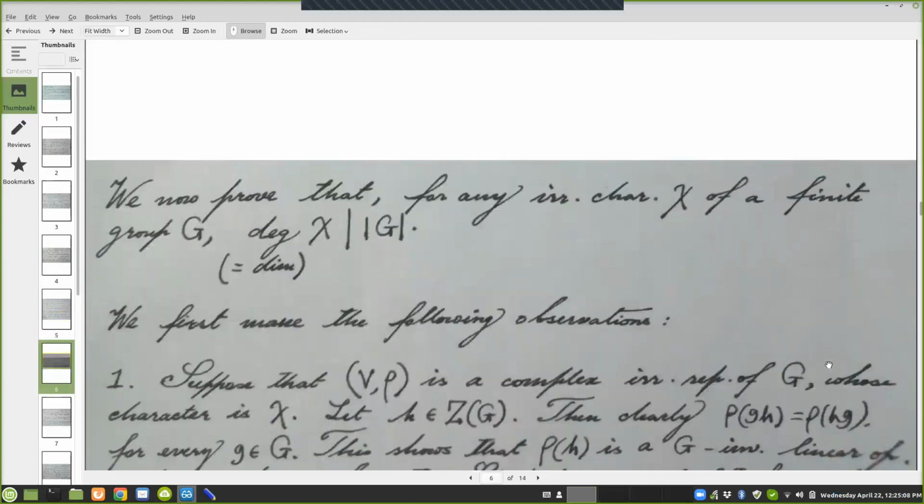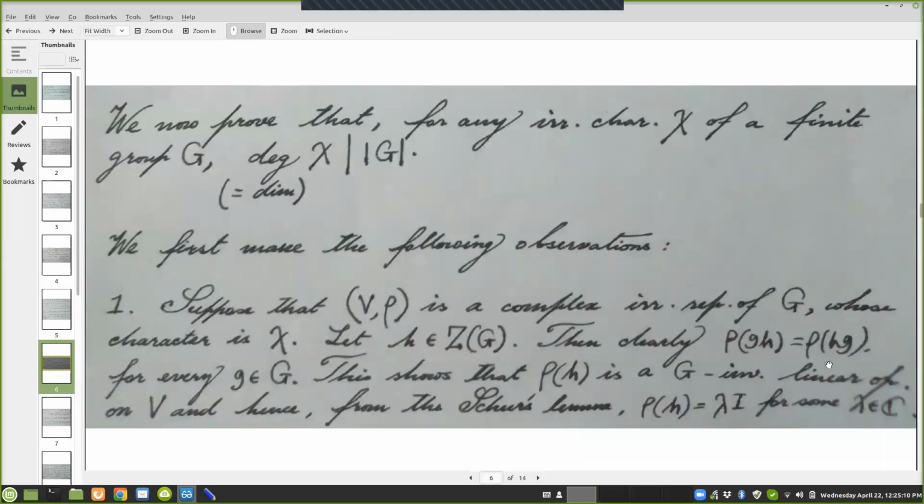Now we will come to the main theorem of this lecture. It is known as the dimension theorem due to Frobenius. Later on, Schur strengthened it significantly, but for the time being, we will deliberately skip Schur's contribution.